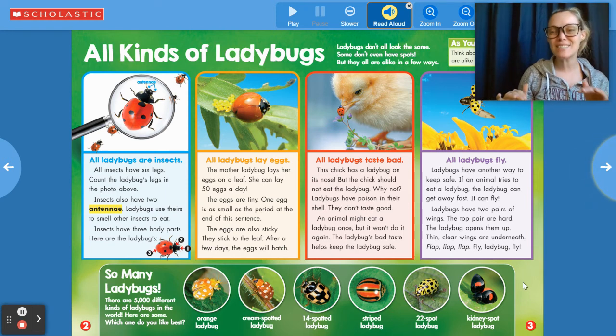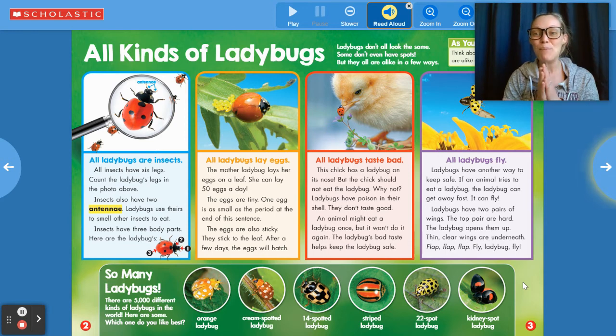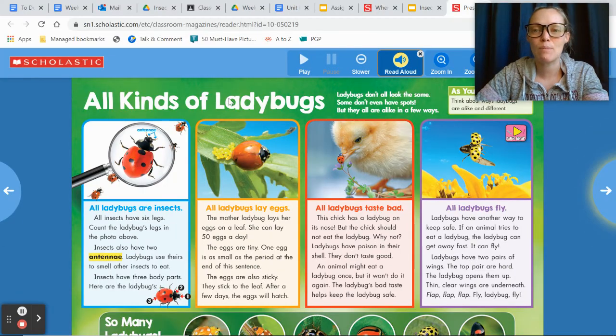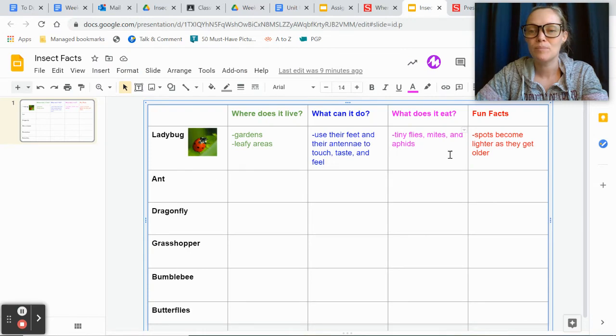So we are all done with this today. But what I want you to do is, because as we research, you might be able to write about ladybugs. And you may not want to write one of the facts that I wrote. You might choose a couple of the facts that I came up with on here.